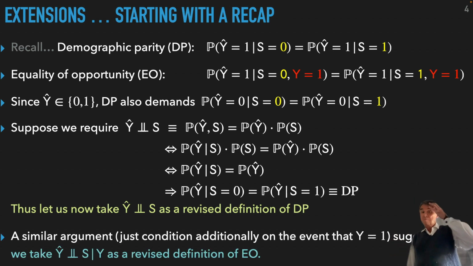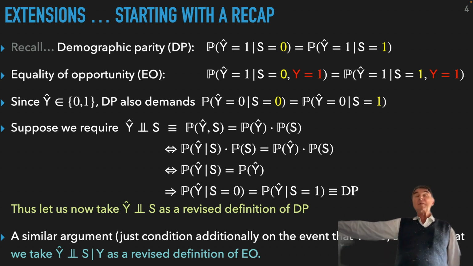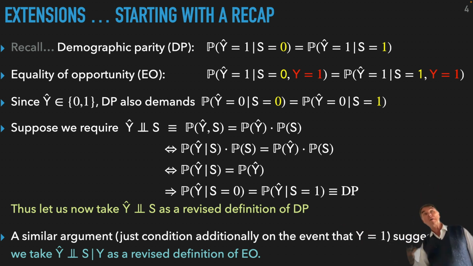And with a similar argument, you just have to additionally condition on the event that y equals 1, suggests that we take this conditional independence statement, so that thing in blue there, you read that as y hat is independent of s conditional on y. It's a ternary relationship. If you've not met it before and you're confused, you should be. Ternary relationships are hard to grok. But we can take that as a revised definition of EO.